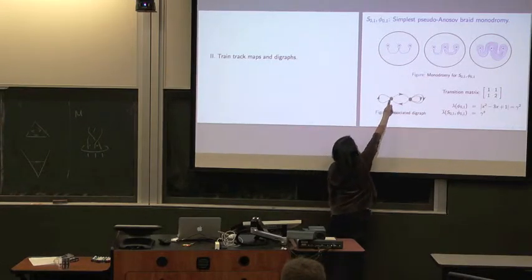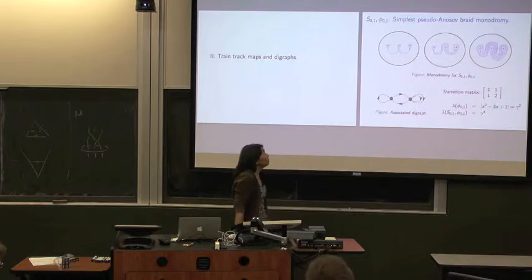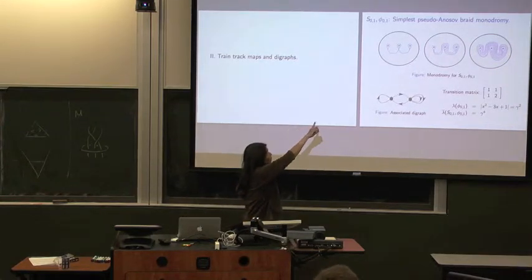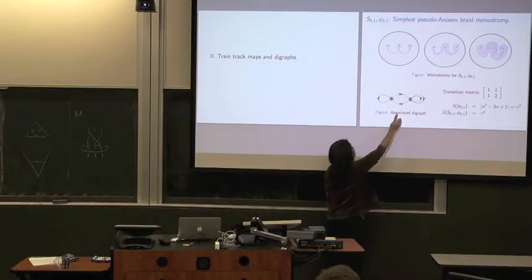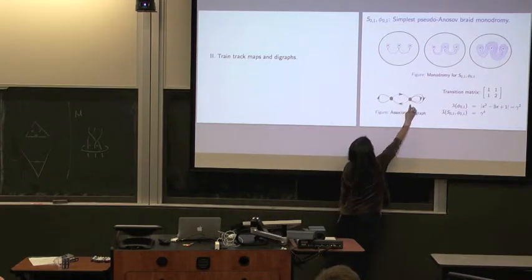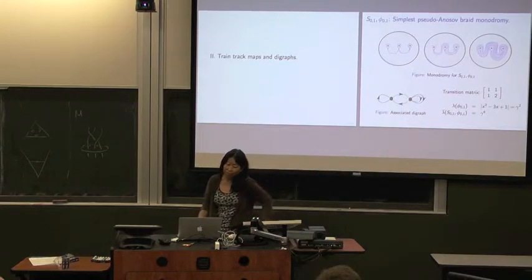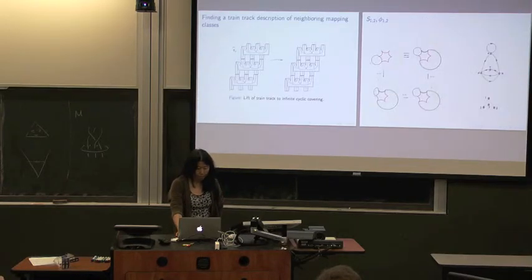The blue one goes over the pink one, and then twice over the blue one. So there's a directed edge this way, and two directed edges to itself. That's the associated digraph for this map.